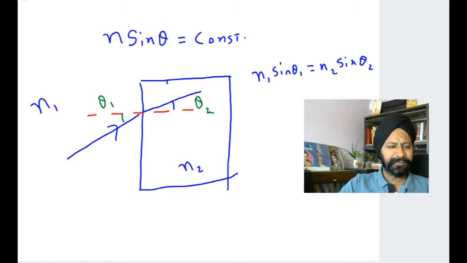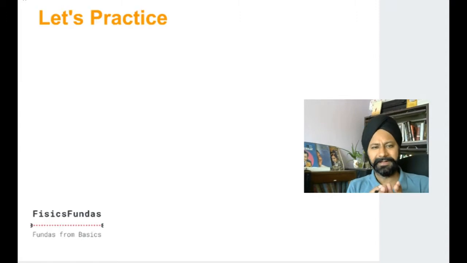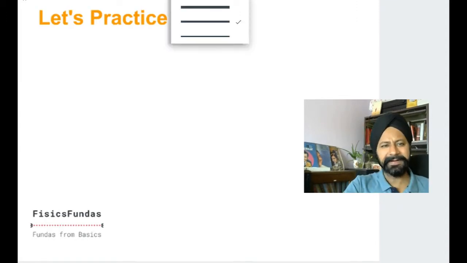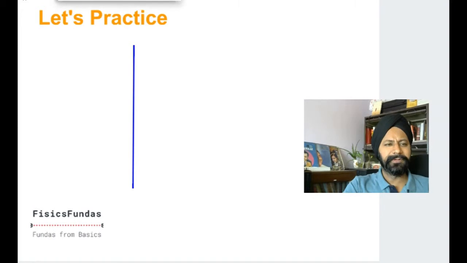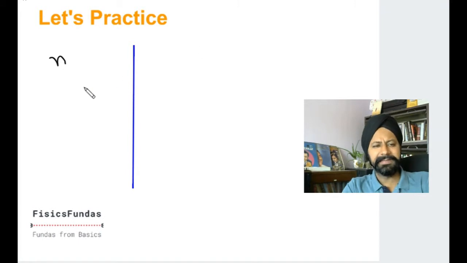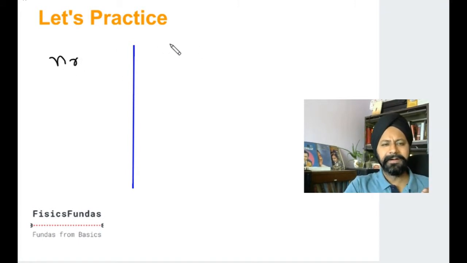So let's move further and see what that means. Let's practice on that. Let's say this is medium 1, but better yet, let's say this is n rarer, n denser.